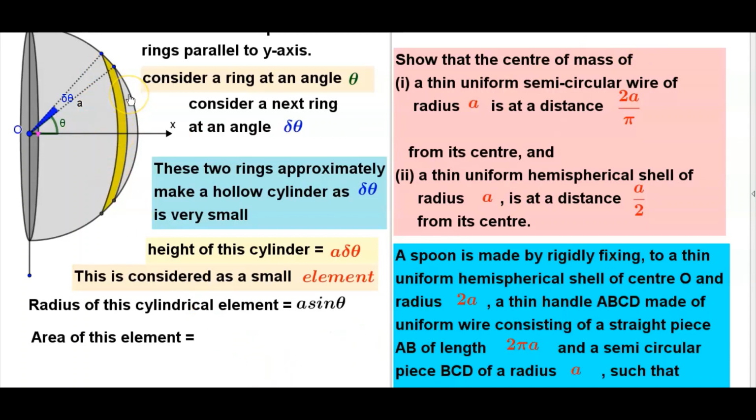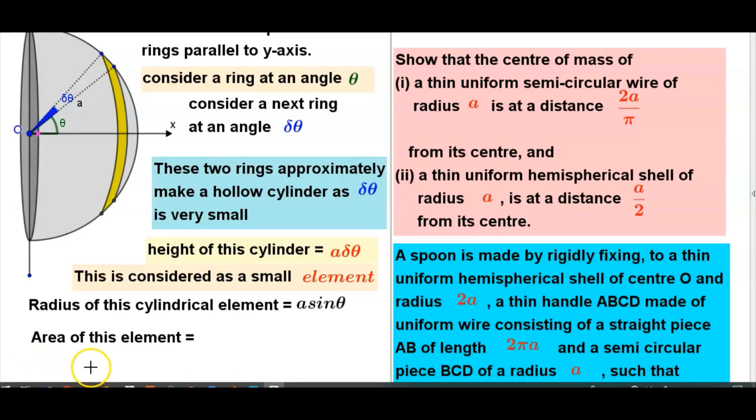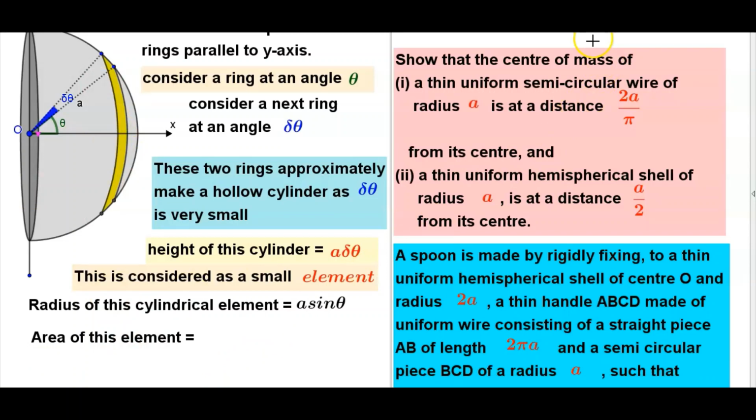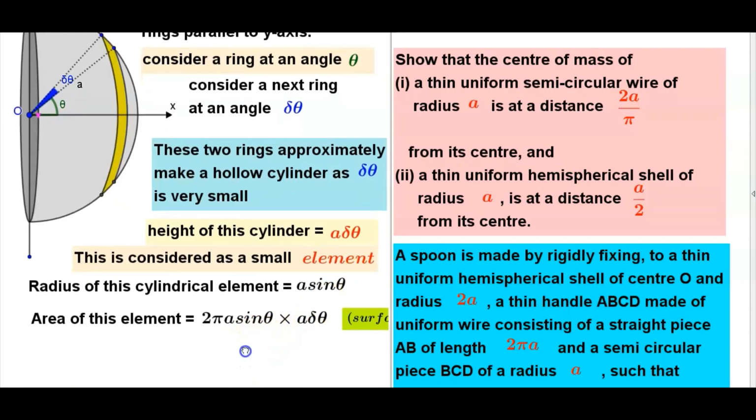Area of this element: we know the curved surface area of a cylinder is 2 pi RH, 2 pi into radius into height. Therefore area of this element is 2 pi into A sin theta into height A delta theta.